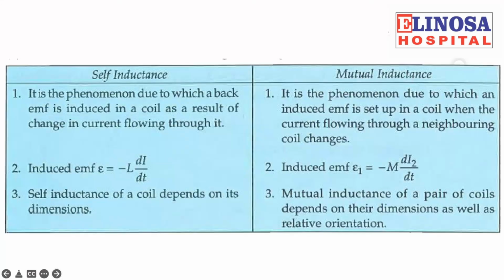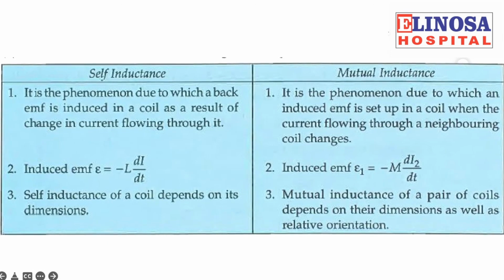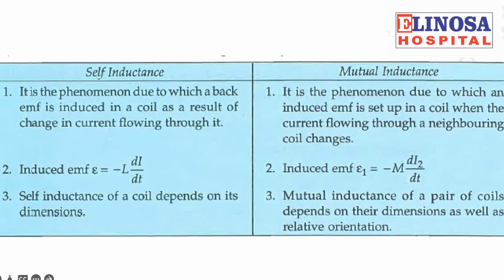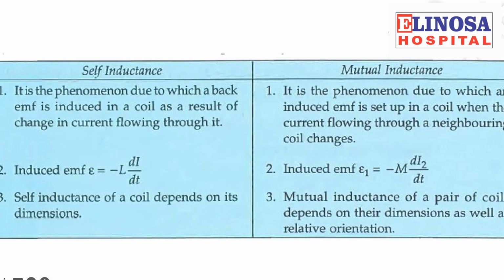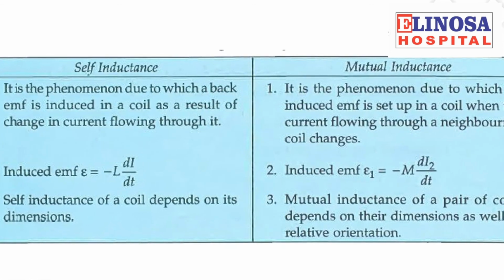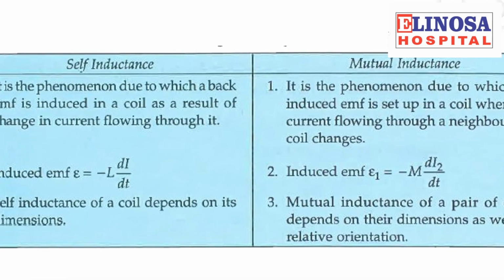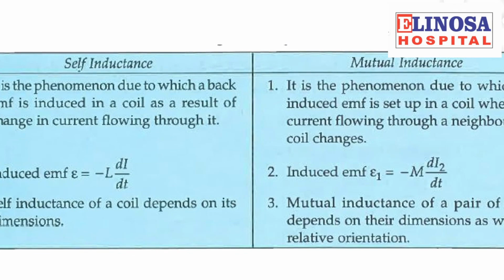Change in current flowing through one particular conductor or inductor itself produces self-induction. If two sets of coils are there, it produces mutual induction.